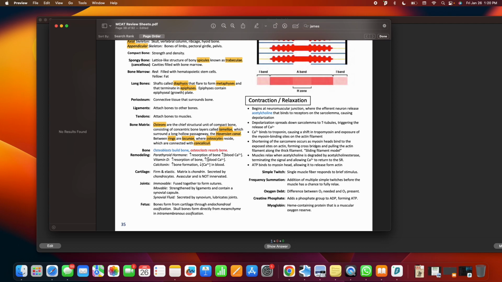So what happens here is the blood Ca2+ increasing, and calcitonin does the opposite. So it forms bone, and there is less calcium in the blood. Now, people who are taking too much vitamin D, this will result in their bone breaking down to bring Ca2+ into the blood.